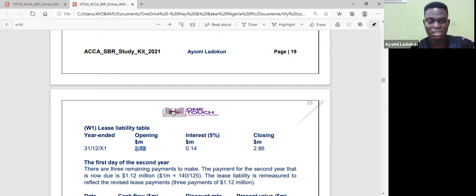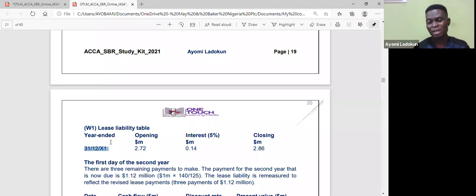So what it means is I will only consider the opening balance. I will consider the interest, and I add up so that I can have what I will have at the end of the year. This is computed at the beginning of the year. So I want to know the current amount of my lease liability at the end of the year.